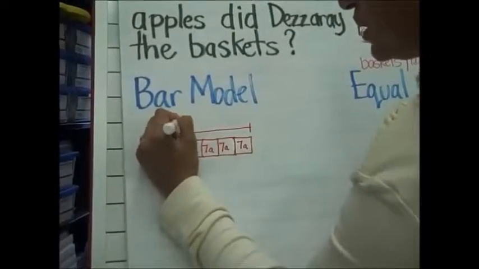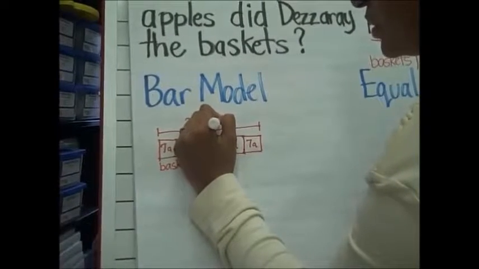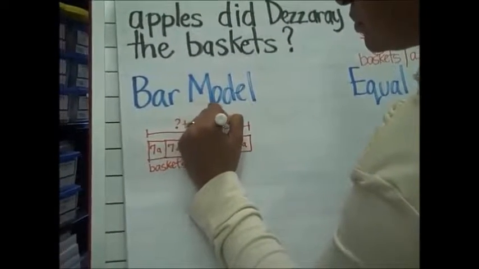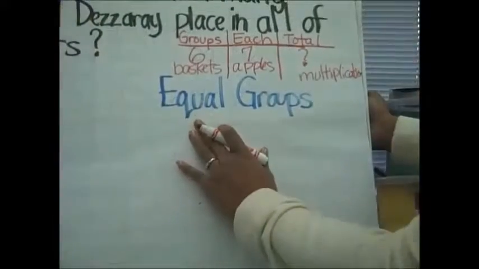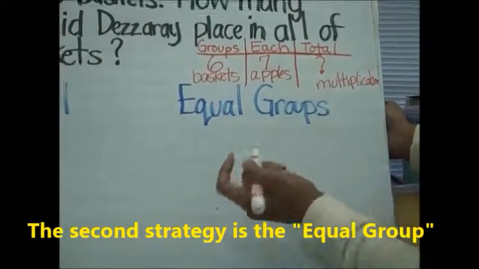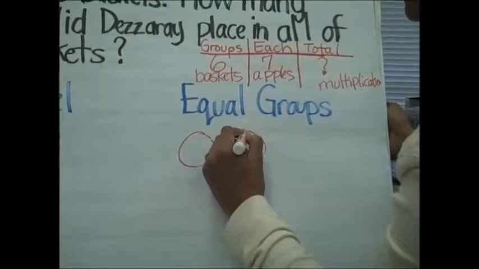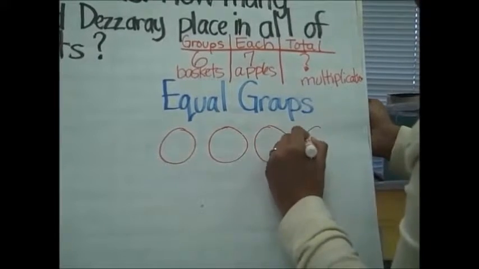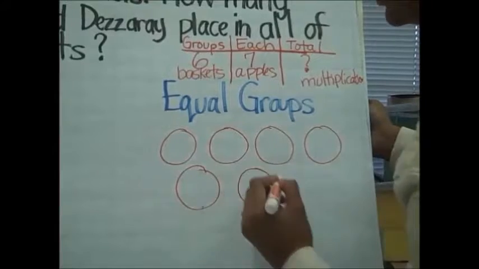Well, the question is about the total number of apples, so I need to find the total number. One way to show this is using equal groups. I already know again that I have 6 groups: 1, 2, 3, 4, 5, and 6.